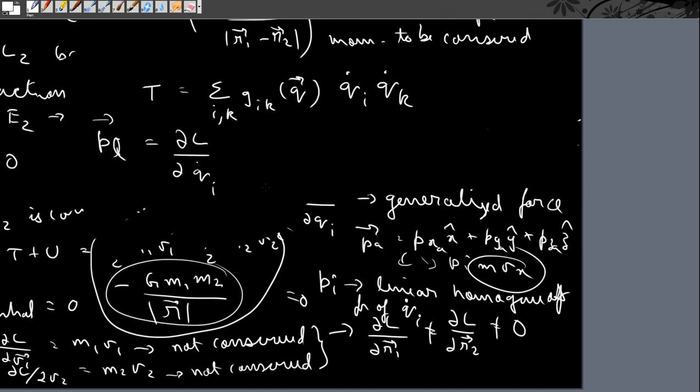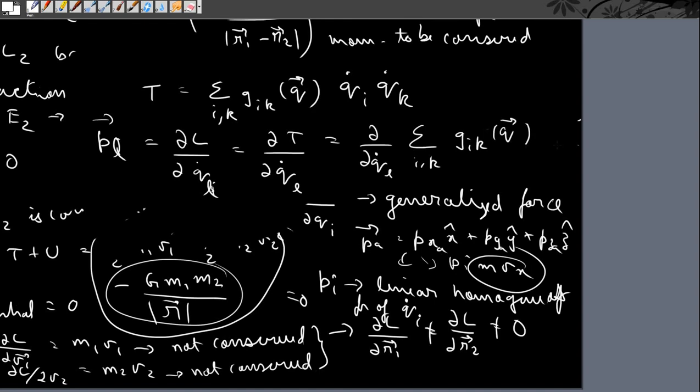Let me call this l, because we have already used i. So this is nothing but ∂T/∂q_l dot, because U doesn't depend on q_l dot, which is nothing but ∂/∂q_l dot of summation over i, k of g_ik(q) q_i dot q_k dot.